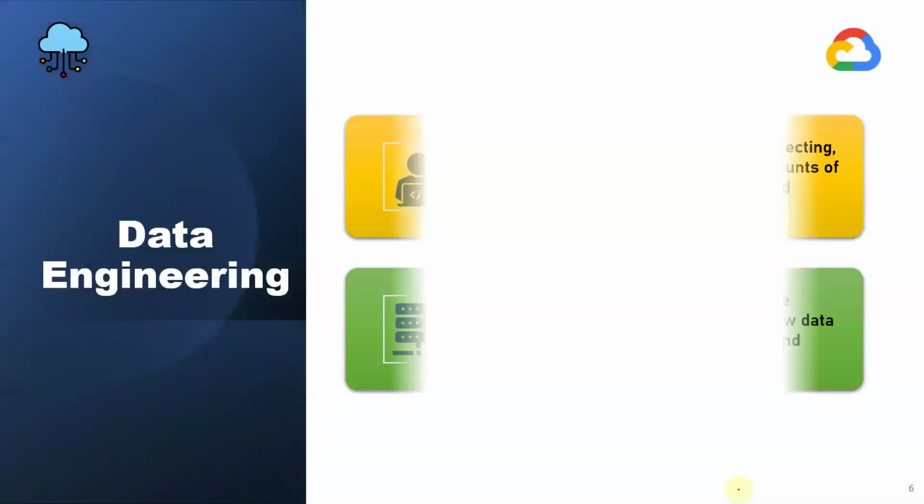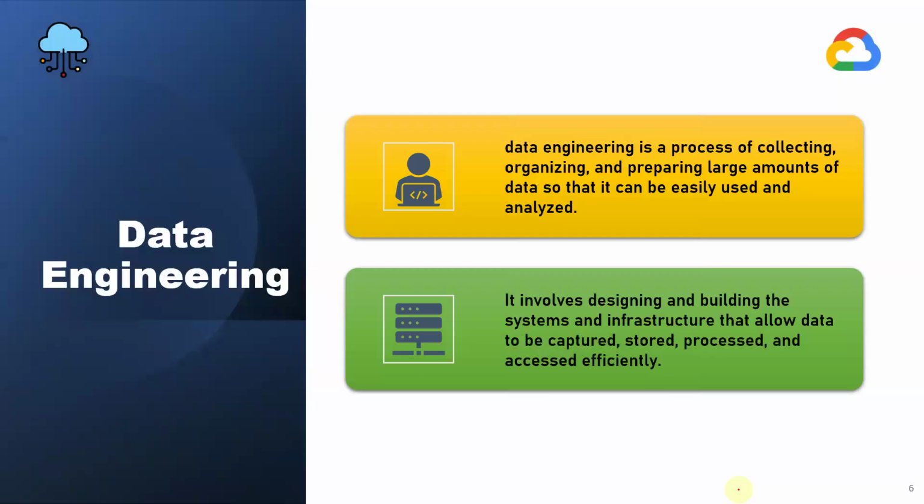Theoretically, if you want to see it from a definition point of view, it's the same thing. Data engineering is a process of collecting the data, organizing the data, and preparing large amounts of data so that it can be easily used and analyzed. The same thing I have told you.